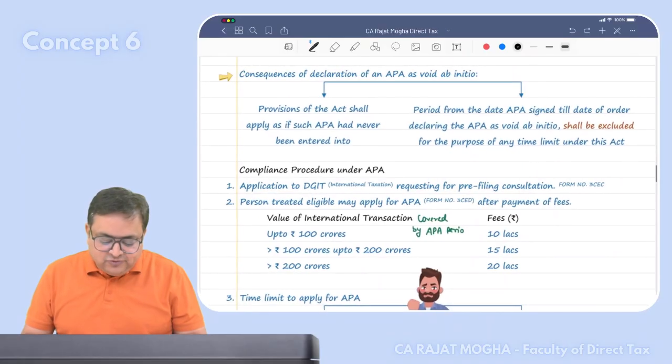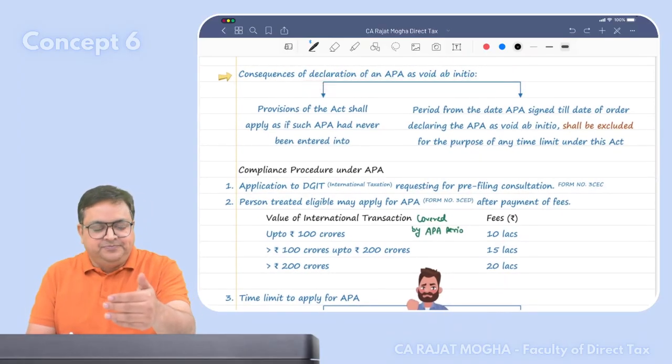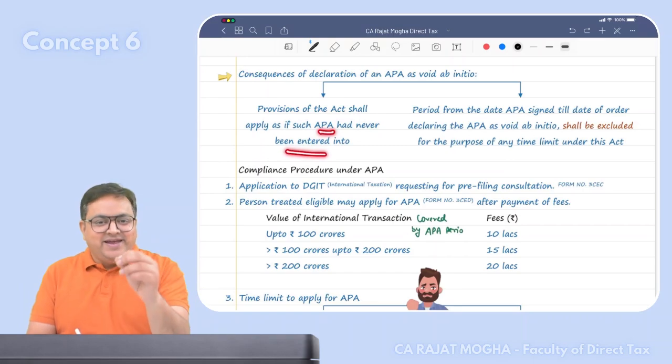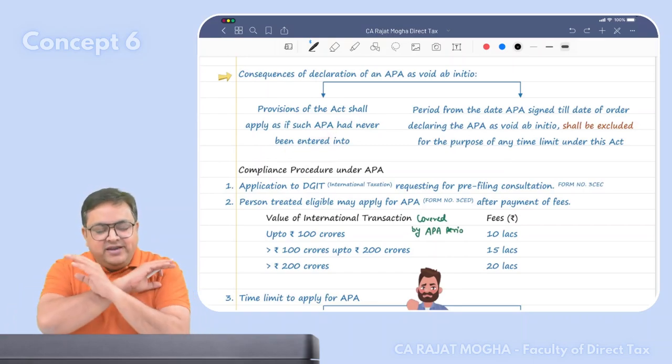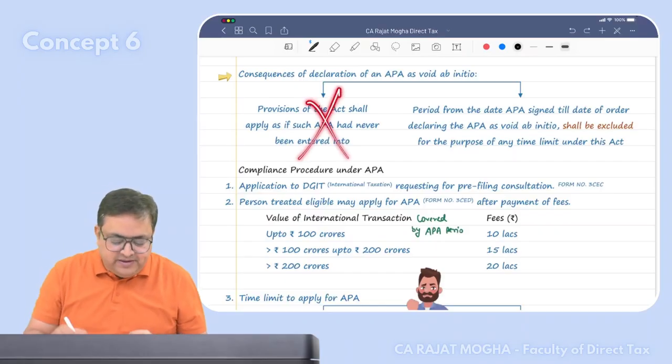So, consequences of declaration of APA as void ab initio. What would be the consequences? The first thing: provisions of the Act shall apply as if the APA had never been entered into. Like we have never entered into an APA, we will follow that there was no APA.